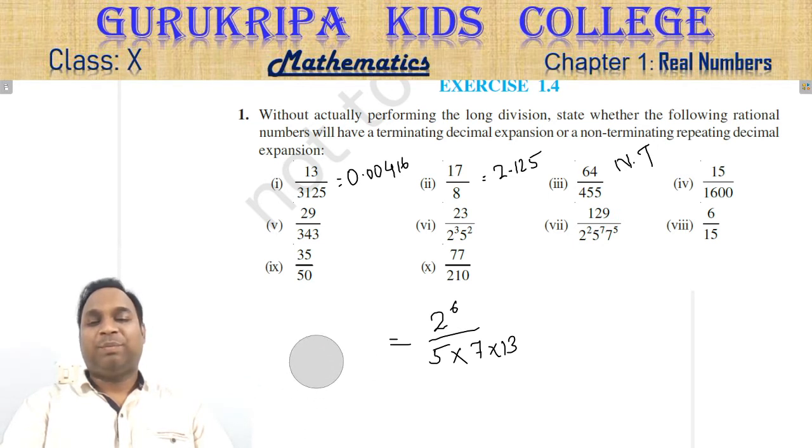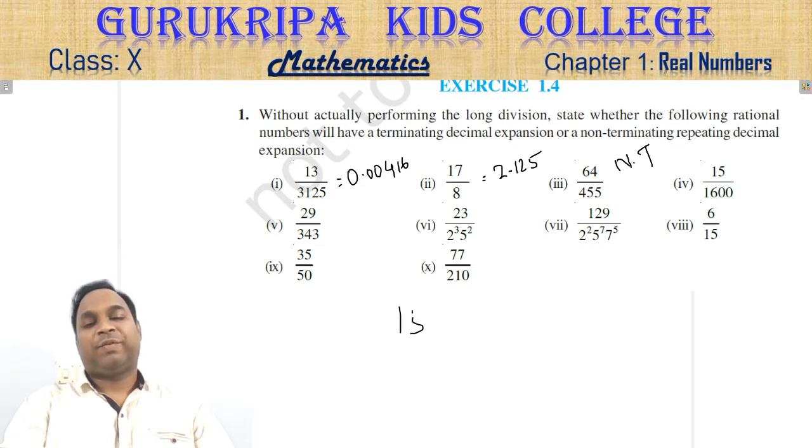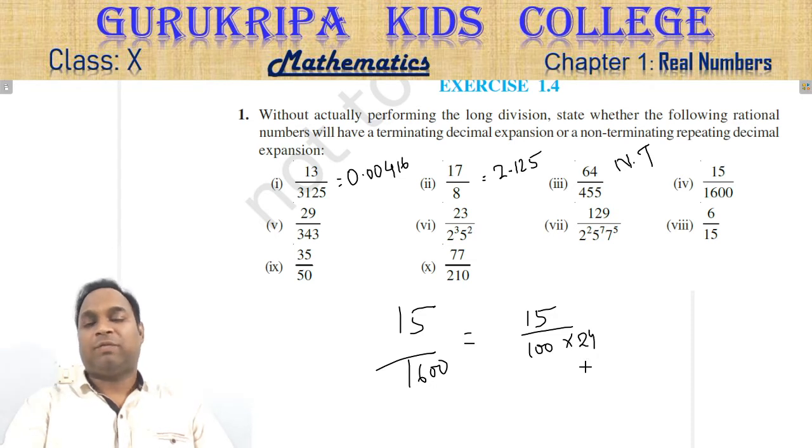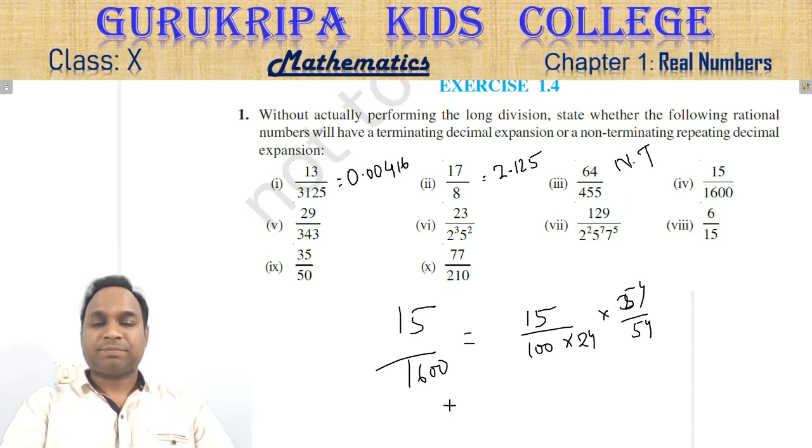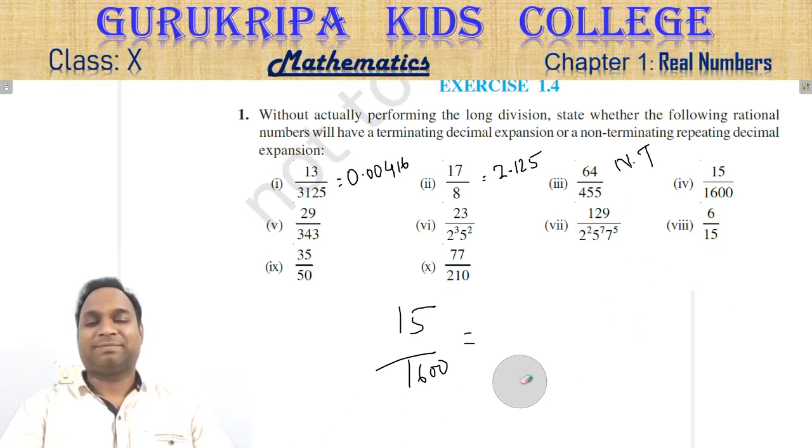What about question number 4? 15 divided by 1600. That will be 15 divided by 100 into 2 to the power 4. Again multiply by 5 to the power 4. Sorry. Before this, we have to cancel out. We can cancel out this 5 now.